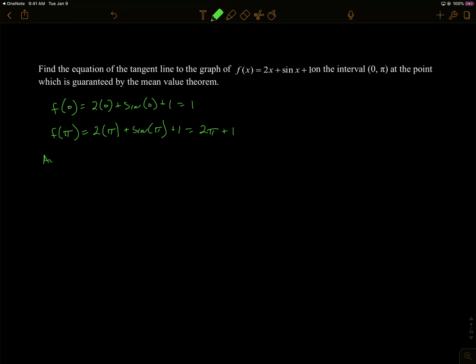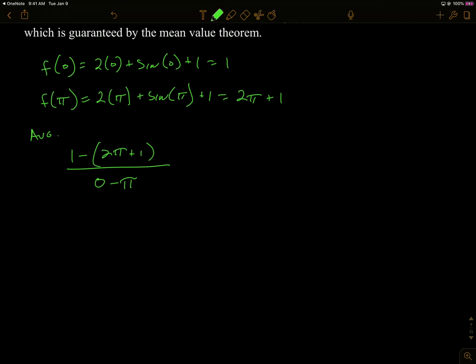So if I do the average rate of change on that interval, I'm going to do f of 0, 1, minus f of pi, which is 2 pi plus 1, all over 0 minus pi. Simplifying, I get 1 minus 2 pi minus 1 all over negative pi. So I get negative 2 pi over negative pi. That's going to actually be an average rate of change of 2.